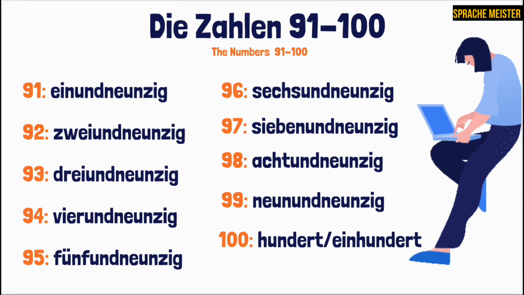91 to 100. 91, 92, 93, 94, 95, 96, 97, 98, 99, 100, or hundert.